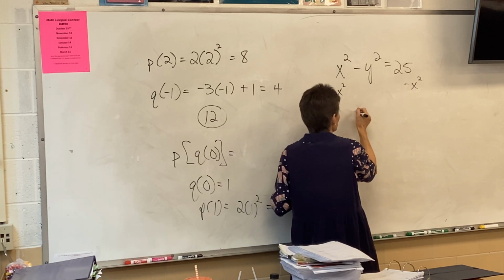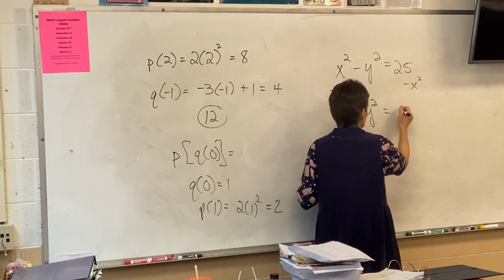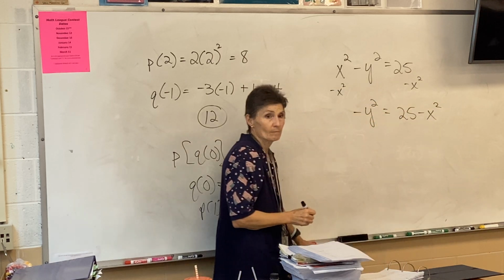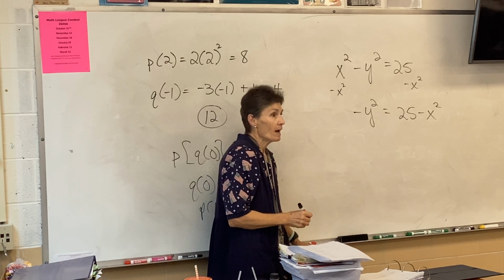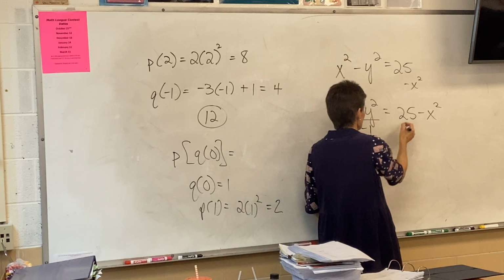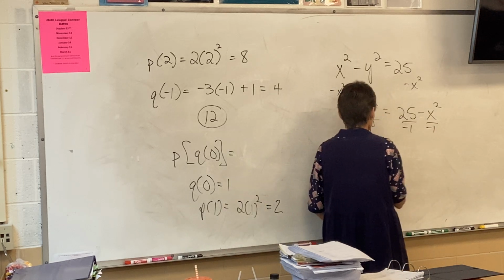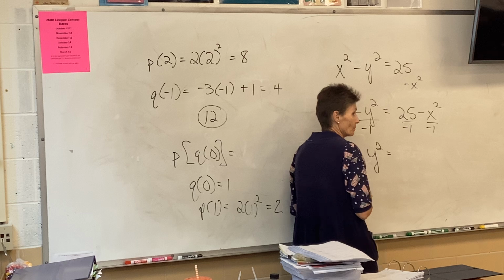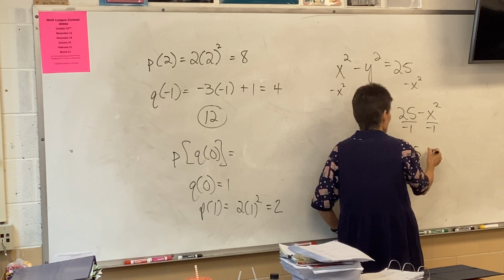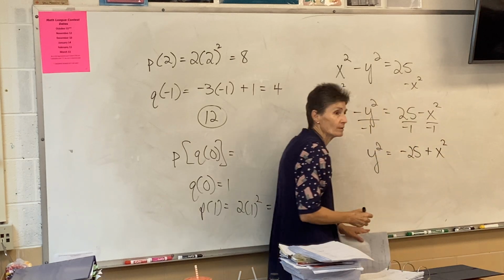That leaves you with negative y squared equals 25 minus x squared. Now you gotta divide everything by negative 1 so that you have plain y squared. But over here then, you're gonna have negative 25 and positive x squared.